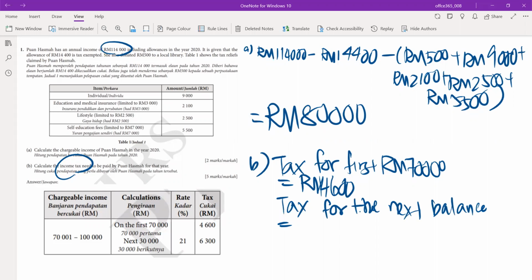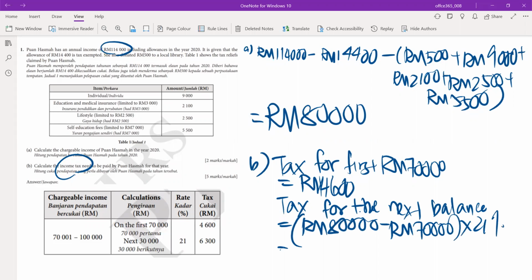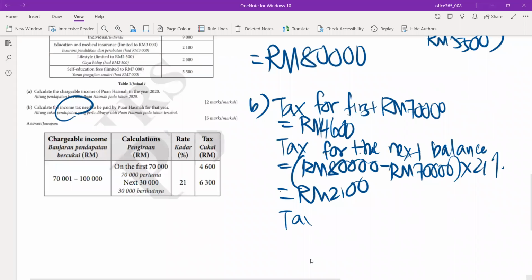For the next balance, you take 80,000 minus 70,000, times 21%. Which is equals to how much? 2,100. After that, everything add up together. You can write tax payable, income tax payable.